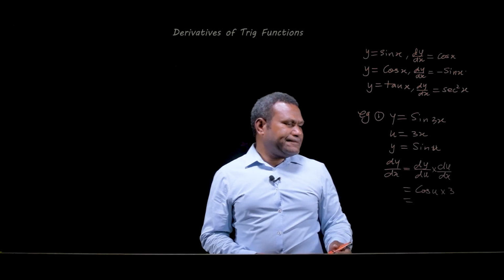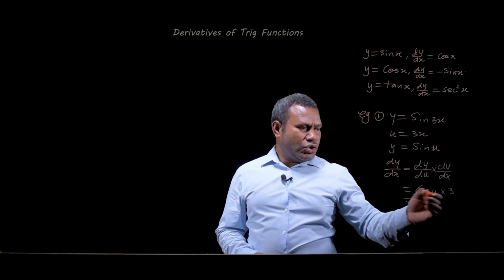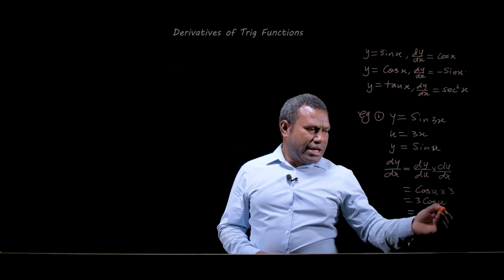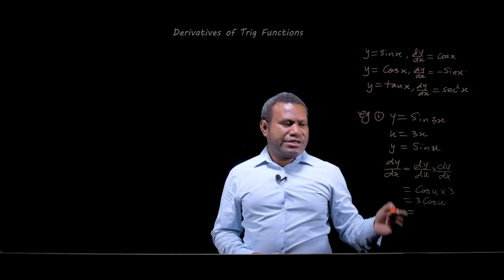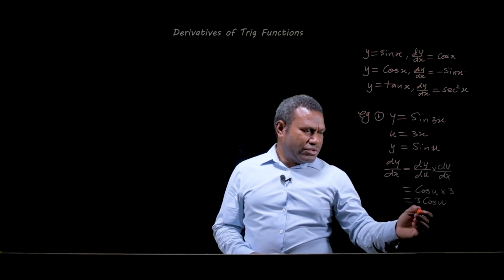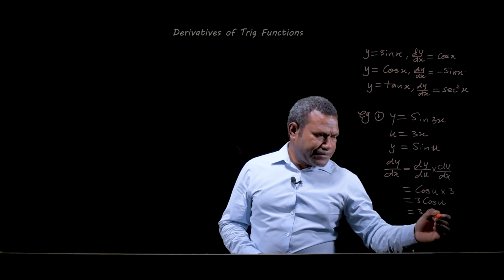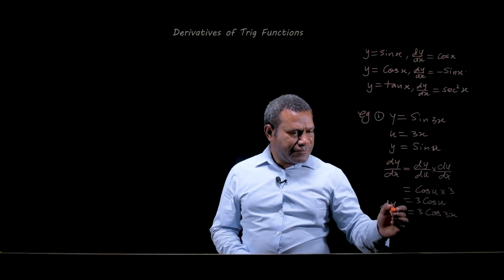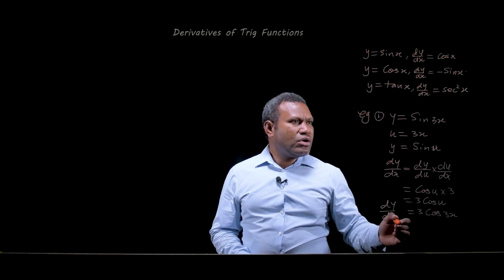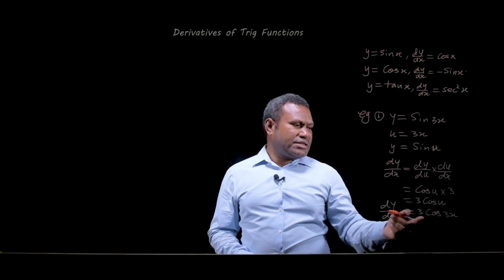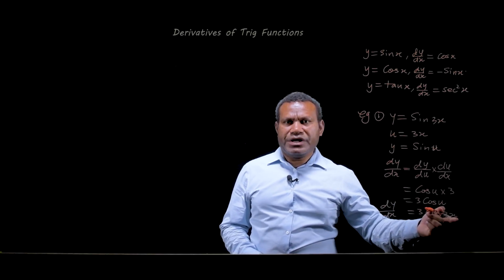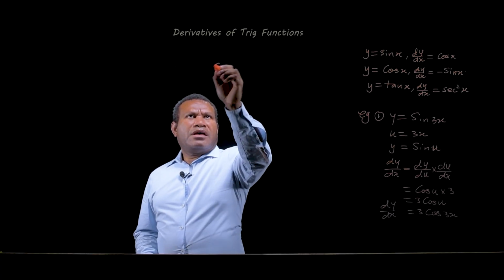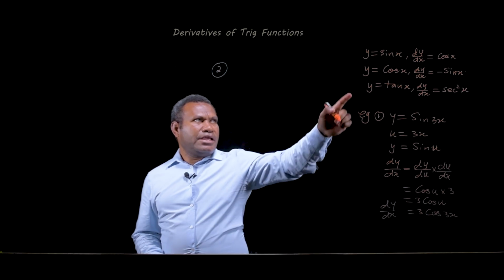So we have 3 cos u, but u is 3x, which we substituted. So we will have 3 cos 3x. So we have found the derivative of this function to be 3 cos 3x.